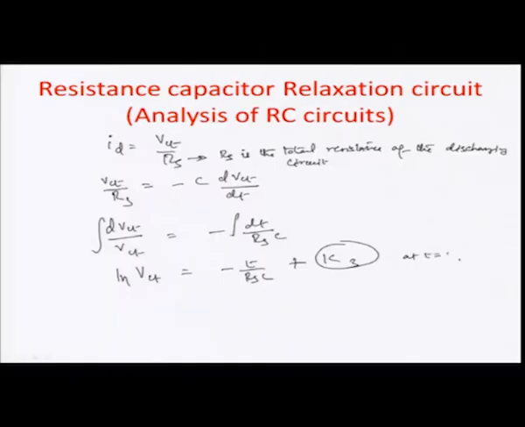At time t equal to 0, we already know VCT is equal to 72% of the input voltage or the operating voltage, and we call this VCO. This corresponds to the value of Vc at time t equal to 0. If we put this back into the equation for t equal to 0, we get ln VCO equal to K3. In other words, VCT can be written down as VCO e to the power of minus t by RSC.